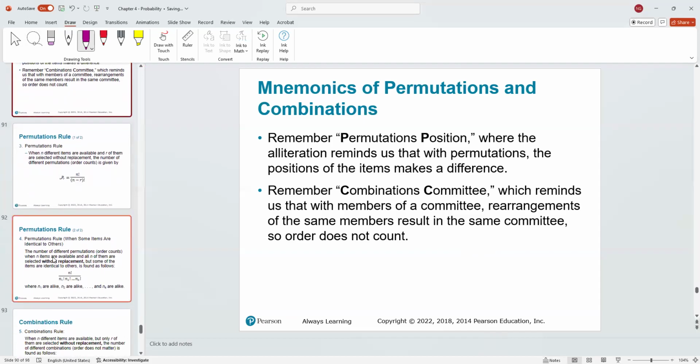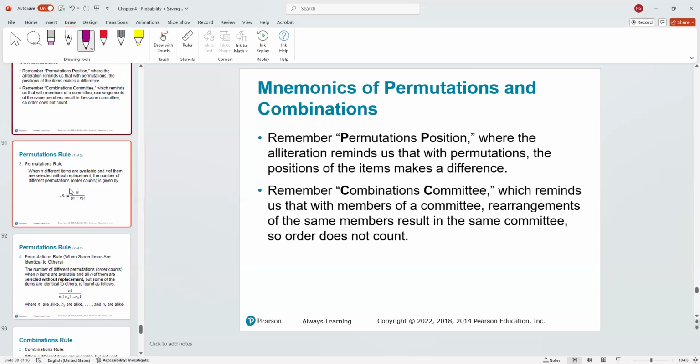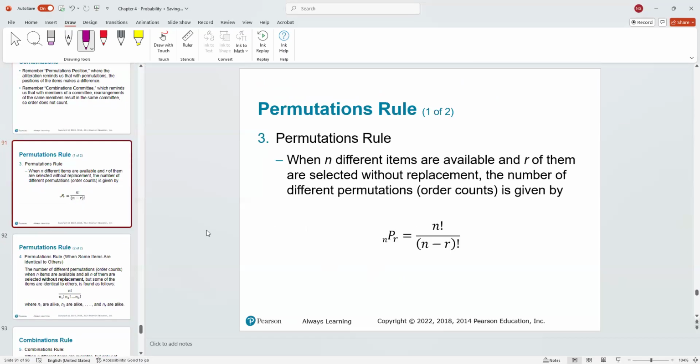All right. Let's go with some formulas that we definitely need to use, because when we talk about permutation, we said the permutation rule is used when there are n different items available for selection. We must select all of them without replacement, and the sequence of the items matters.